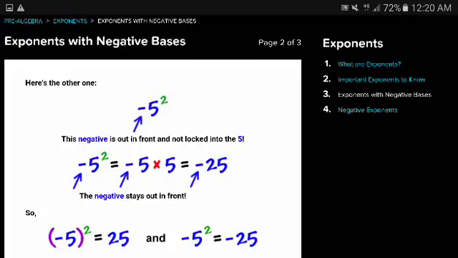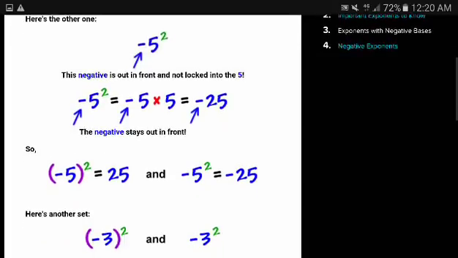So negative 25. So itong na-enclose na negative 5 raised to 2 equals positive 25, while yung isa na negative 5 raised to 2 na walang parenthesis, or yung lahat sila nasa loob ng parenthesis, the answer is negative 25.